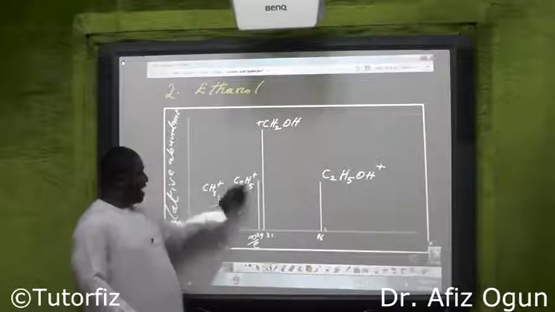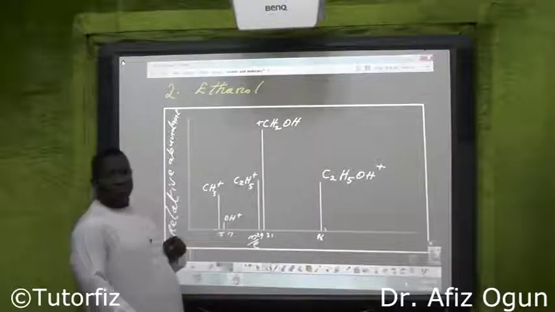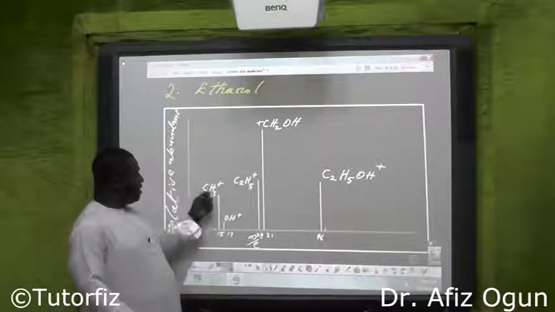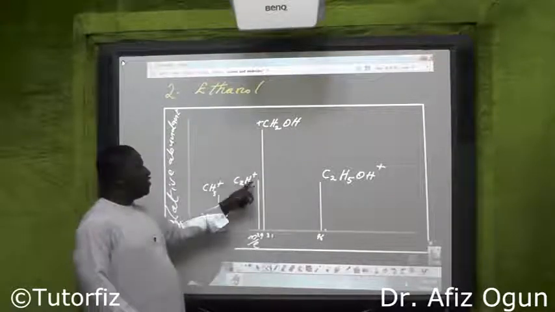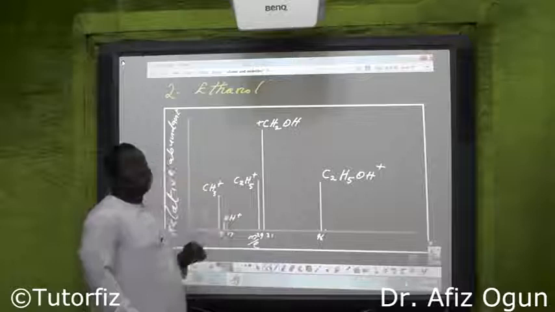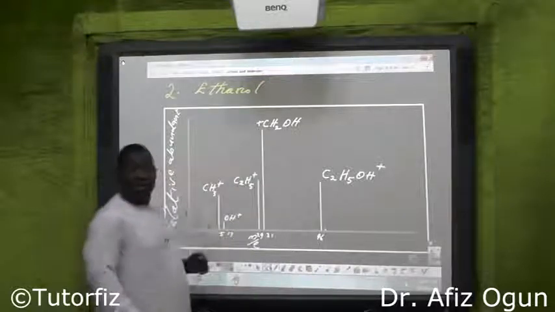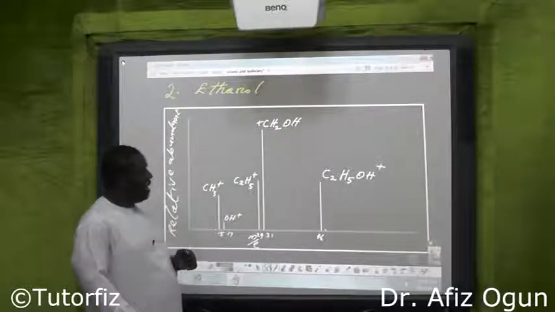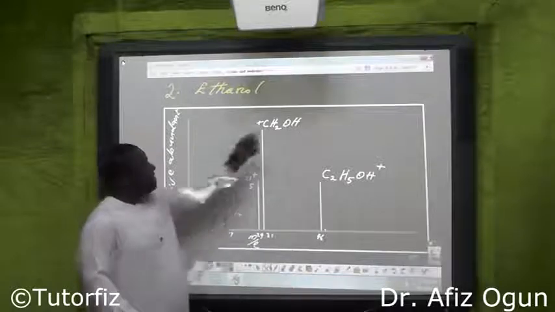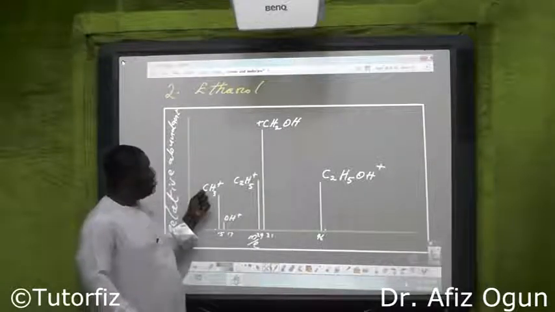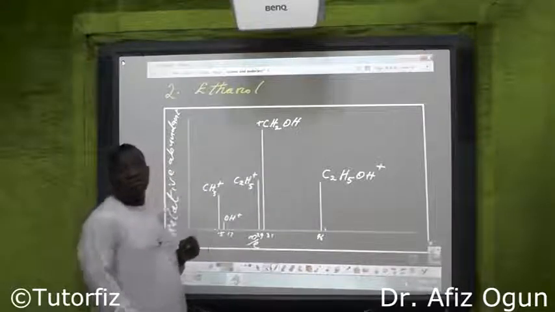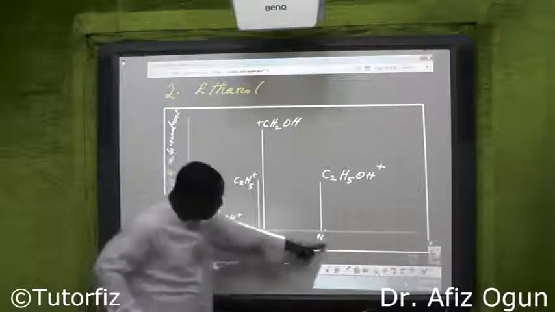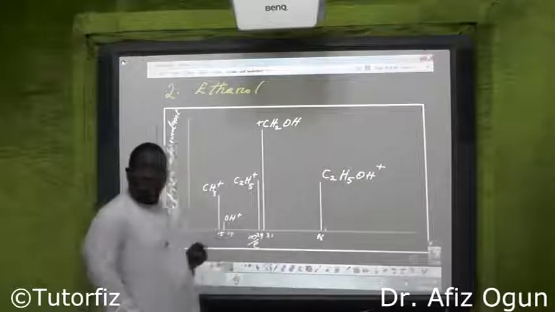So that means it is ethanol, C2H5OH. This and this will not give you 46, and it does not contain OH. And what you are looking for must contain OH, because there is OH in the fragments. And this also gives you C2H5OH, which is also 46. So that's how you can get that this 46 is ethanol.